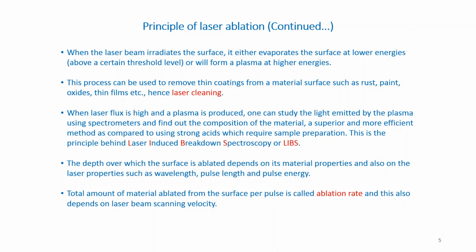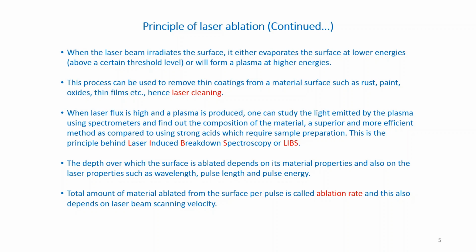When the laser flux is high and this plasma is produced, you could look at the light generated by this plasma and take it to a spectrometer and see the chemical composition of the material, and that is the preferred method to using strong acids, which require sample preparation and may destroy the sample.